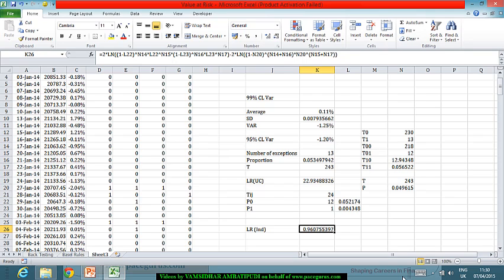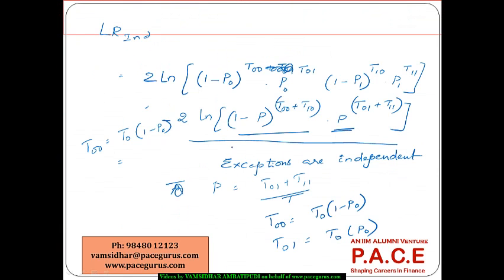Now what we are saying is, if I am going ahead with checking both unconditional coverage as well as independence, I will look at the likelihood ratio for conditional coverage as the likelihood ratio for unconditional plus the likelihood ratio for independence.